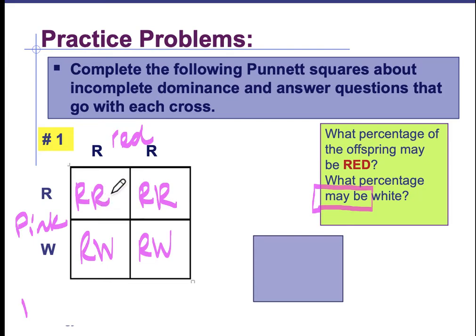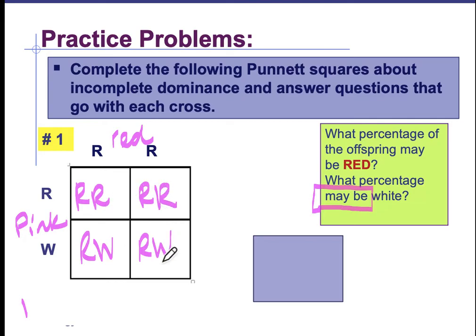For each offspring, there's a 25% chance plus a 25% chance. So here, a 50% chance that they'll be red.